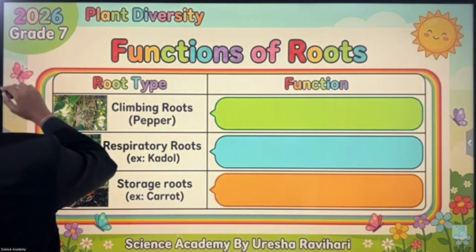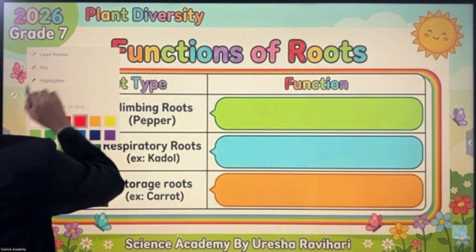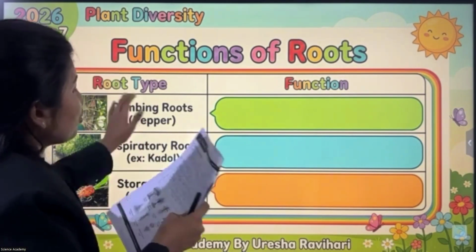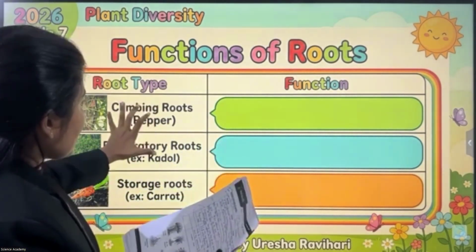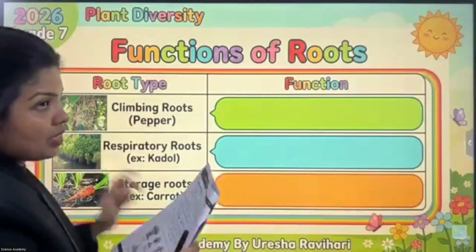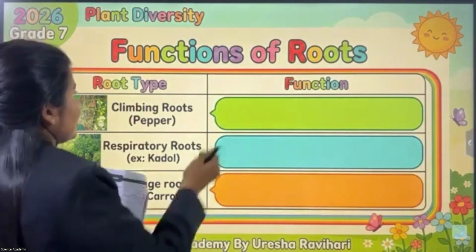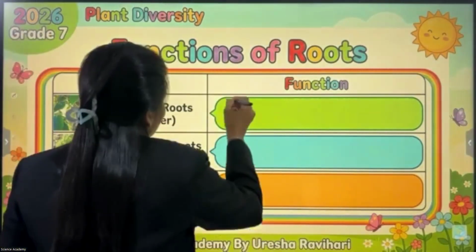Here I am writing. You can put the topic as climbing roots, right? Root type is climbing root. You can write down the example also, right? Here I am writing the function.